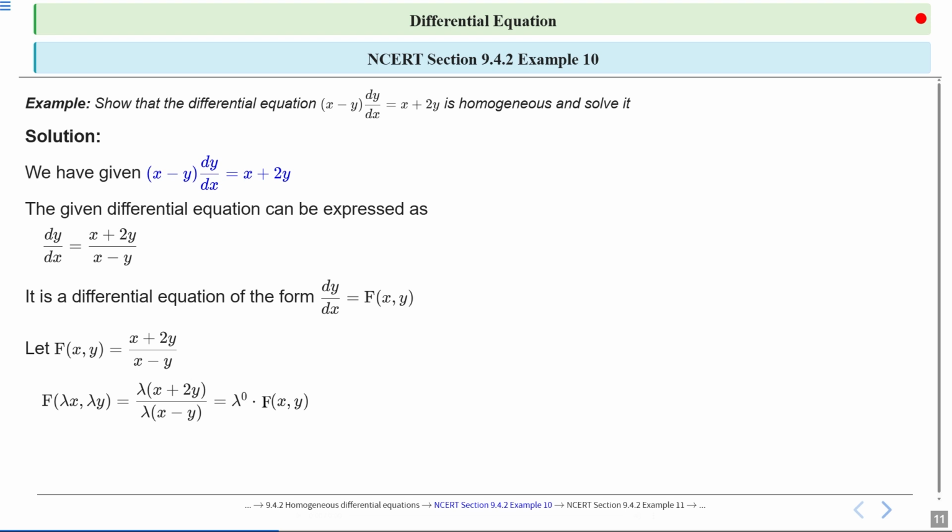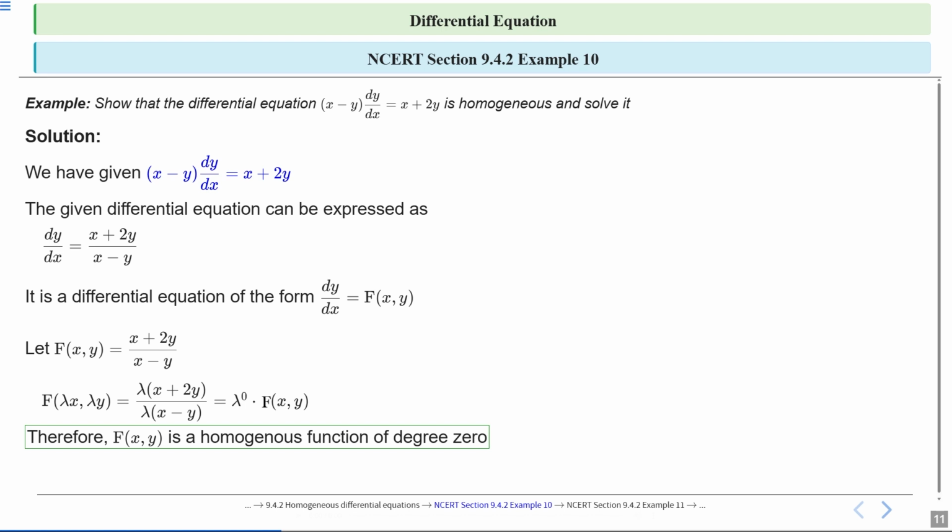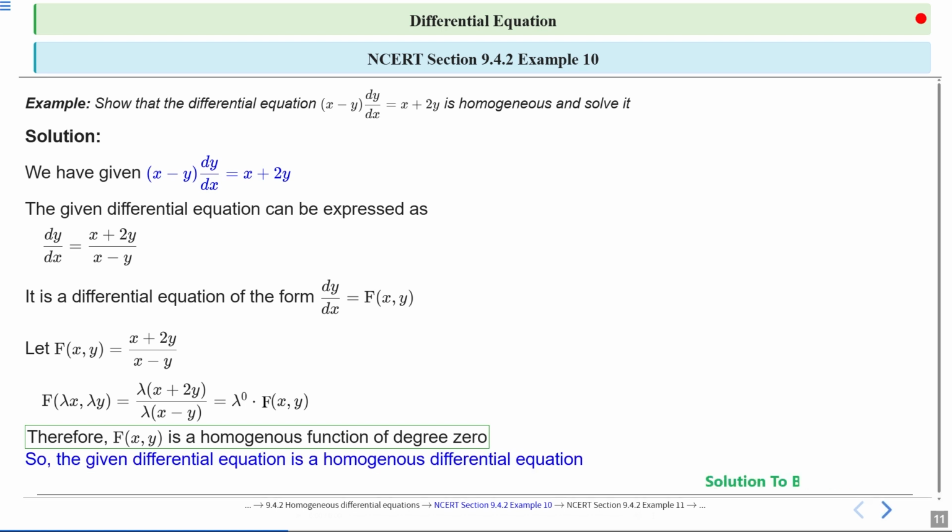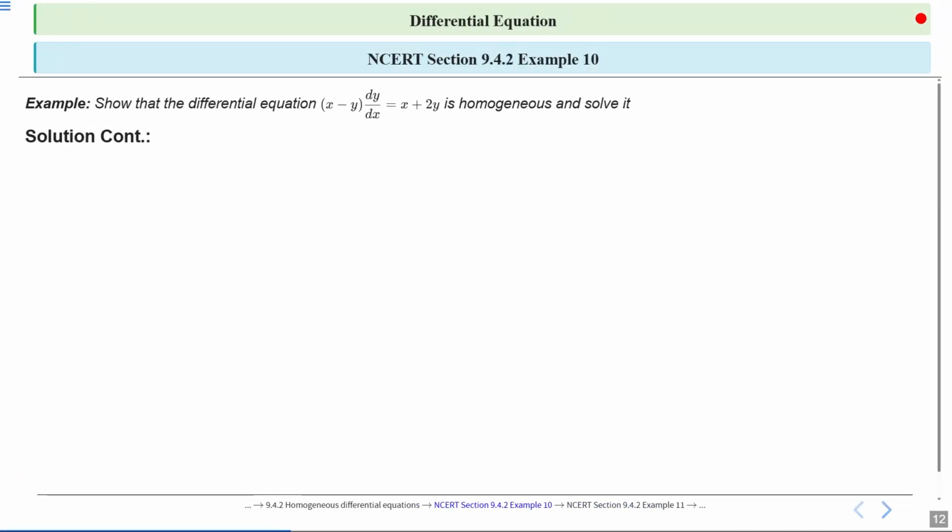Okay, so now we can apply the procedure of the homogeneous differential equation to find the solution of this given differential equation. In another way, we can write dy by dx is equal to (1 plus 2y by x) by (1 minus y by x), which is of the form g(y by x).